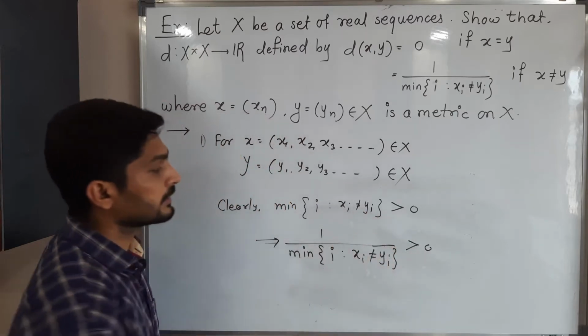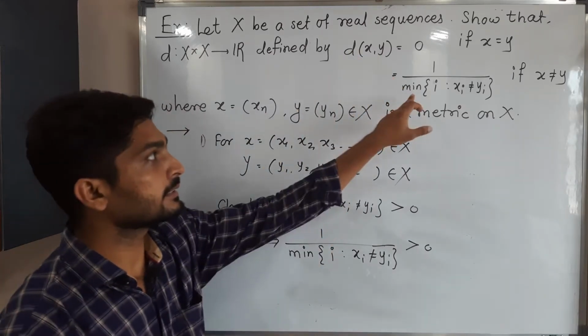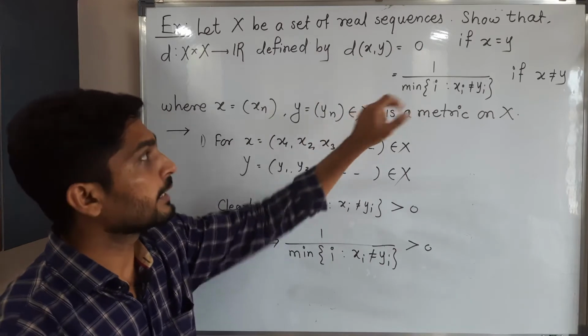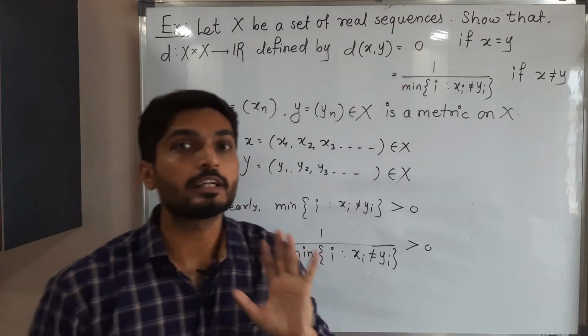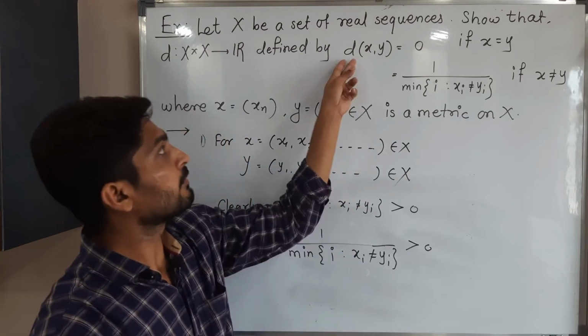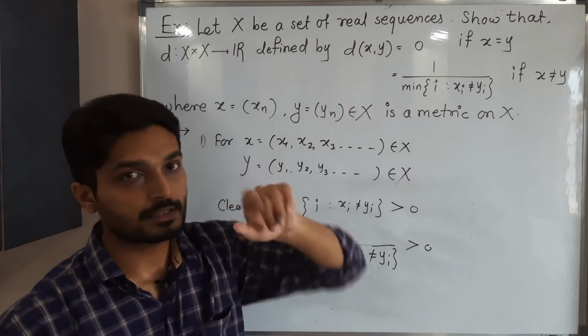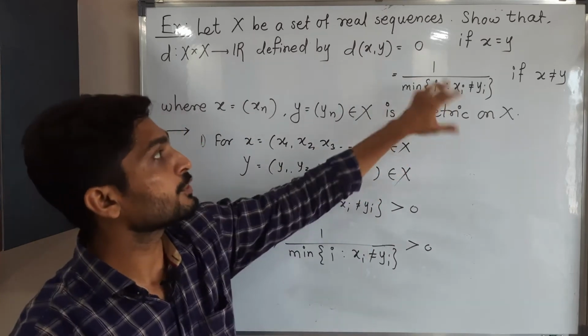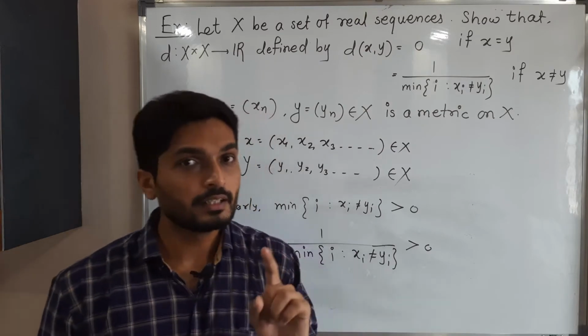This is positive, so its reciprocal is also positive. But this is the definition of D. So this one is positive and this one is 0. That means we never get a negative. The value of D has two different definitions, right? The first definition says its value is 0. The second definition gives a positive number. That means there are no chances of getting a negative number.